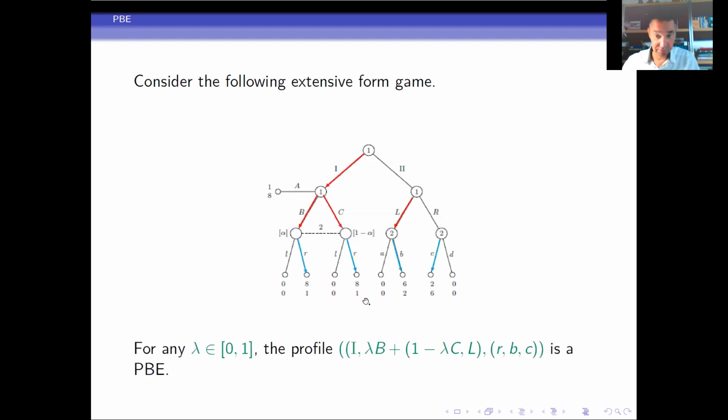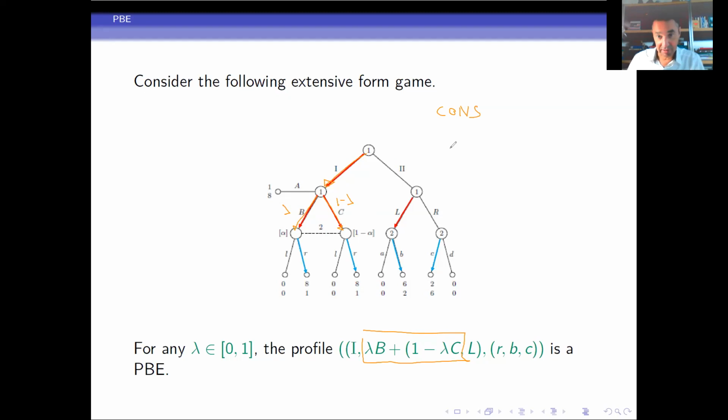So we saw now that the strategy for player 1 would be this, but now you can also compute the alpha. The alpha is now given by consistency. So what does consistency say? Well, we have that the game goes over here with probability 1, and then with probability lambda we go over here, with probability 1 minus lambda we go over here.